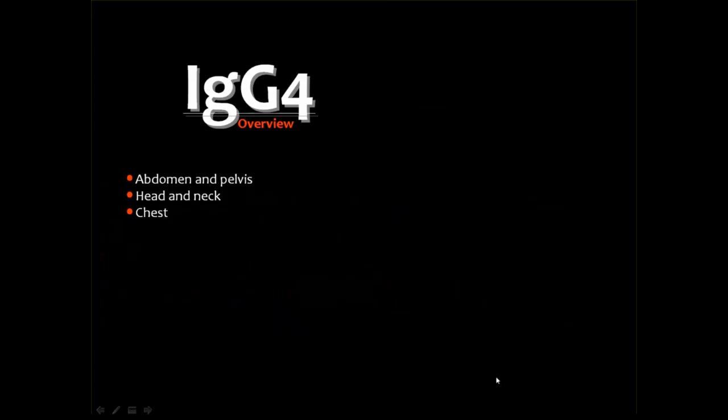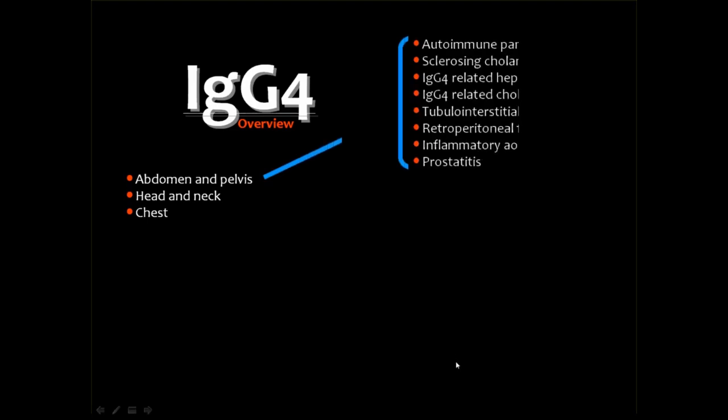Then the major representatives of this IgG4 related diseases are mainly located in the abdomen and pelvis, in the head and the neck, and to a lesser extent in the chest.